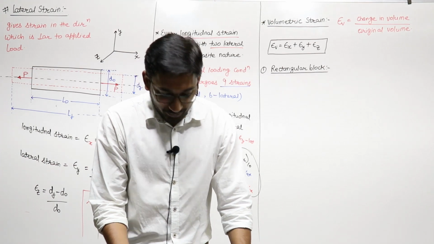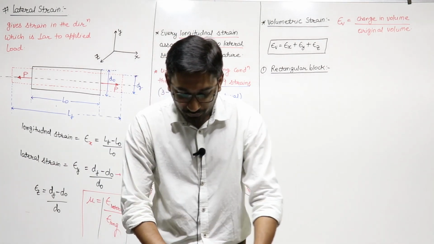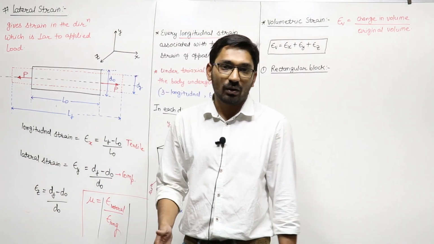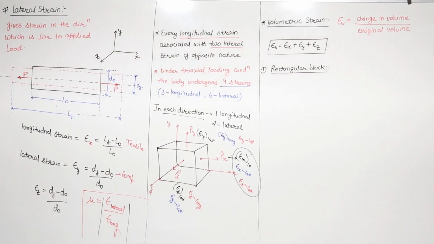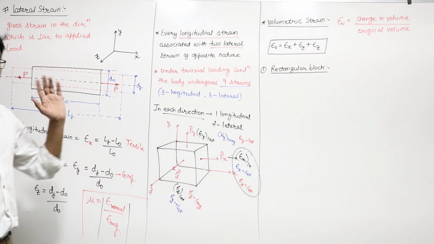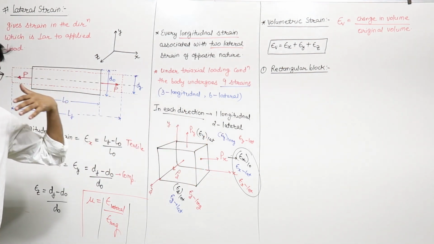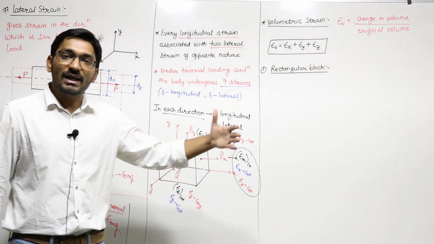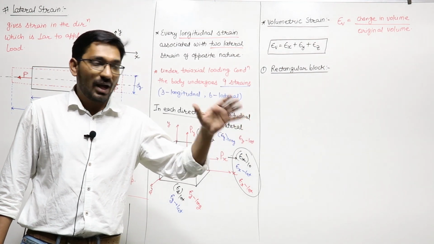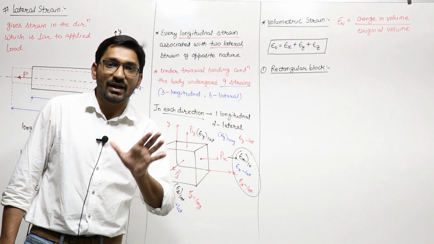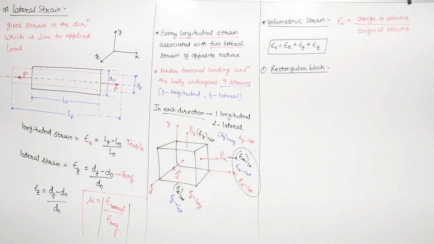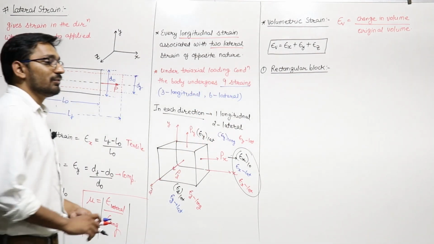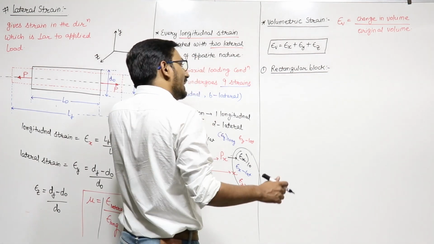So this is the discussion about your normal strains, which are of 2 types, lateral and longitudinal. Longitudinal means strain in the direction of applied load, and lateral means strain in the direction perpendicular to the applied load.